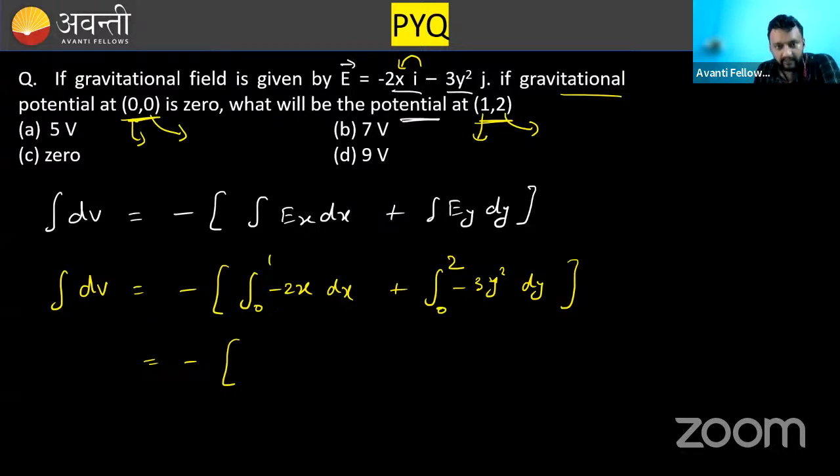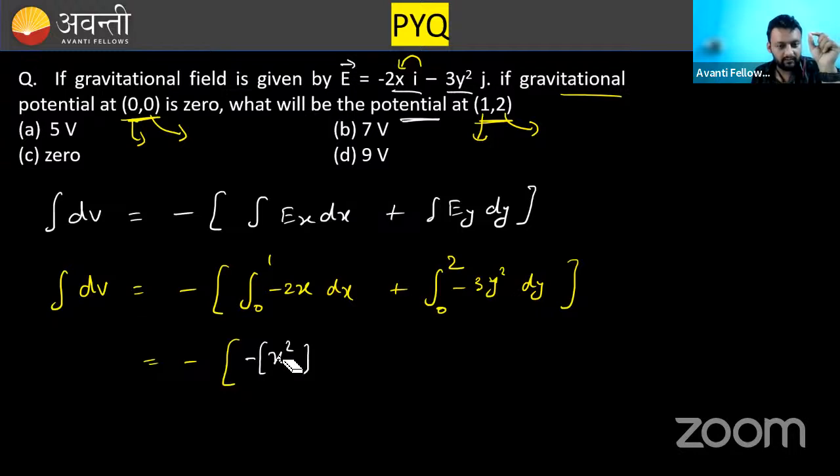So what will it be? The integration of minus 2x will be, minus is already there, and if you integrate it, it will become x square. Do you know the integration thing, or shall I explain it?